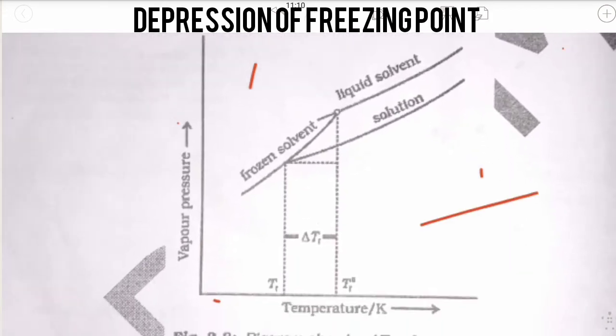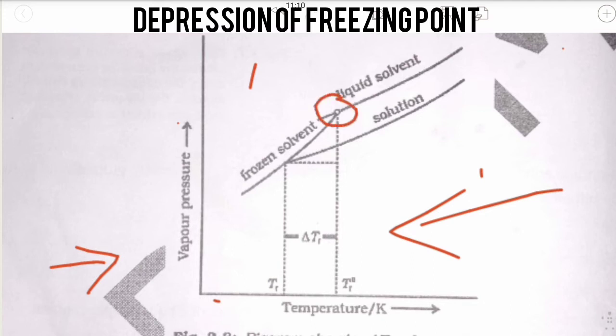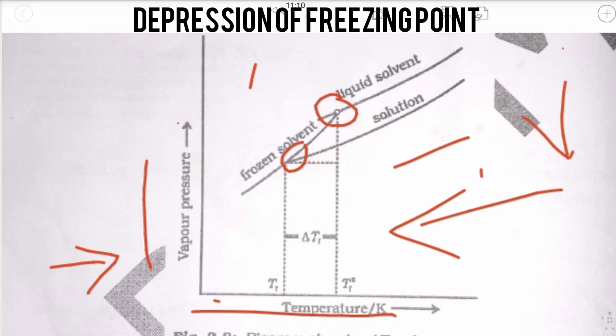This is the graph for depression of freezing point. Let us consider this is the point of a pure solvent and this is the point of a solution. The graph is plotted of vapor pressure against temperature. When you decrease the temperature, a point is reached where liquid and solid are in equilibrium.